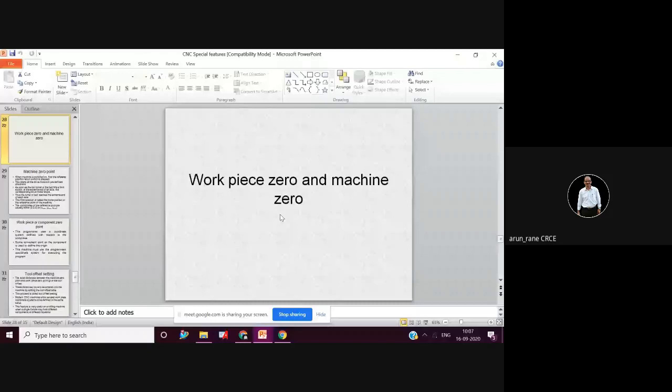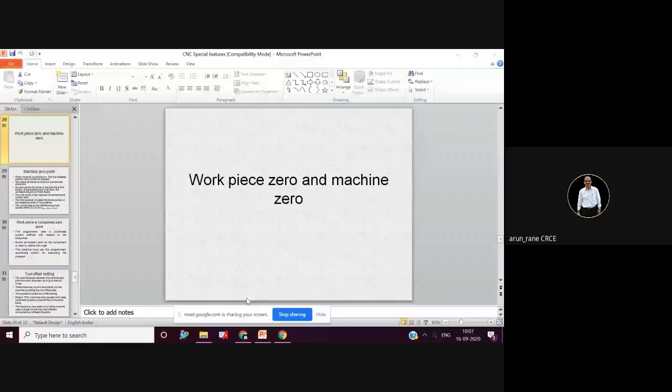That home position or reference position is called X0, Y0 and Z0, if it is a 3 axis machine. Home position is like you are staying at your home. In the morning you leave from home and in the evening you return home when everything is done. Same thing here: whenever you start a CNC machine, you should be at the home position, because that is the position from which it starts counting, it starts measuring.